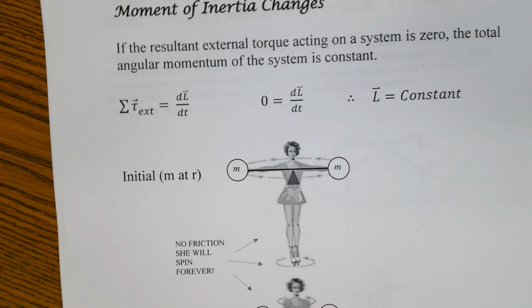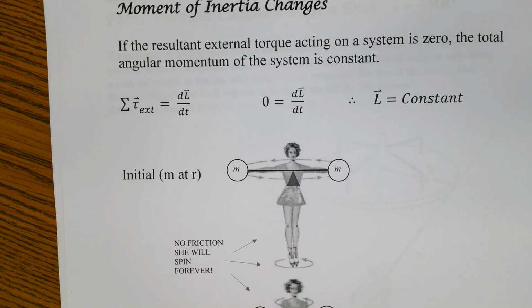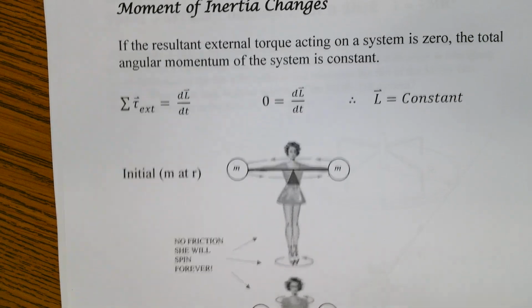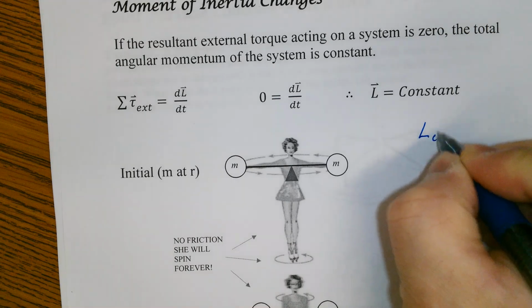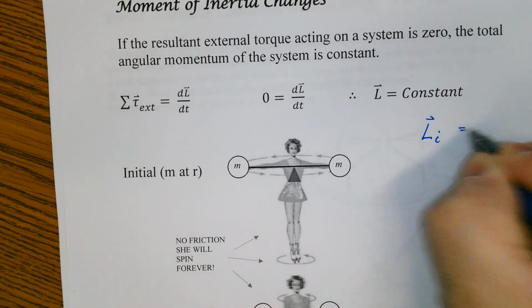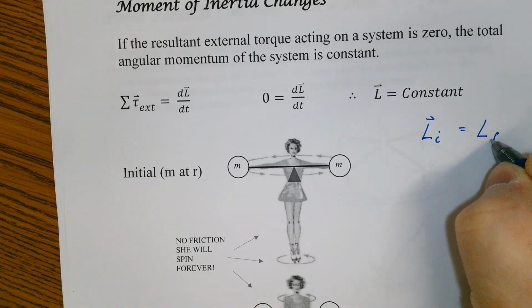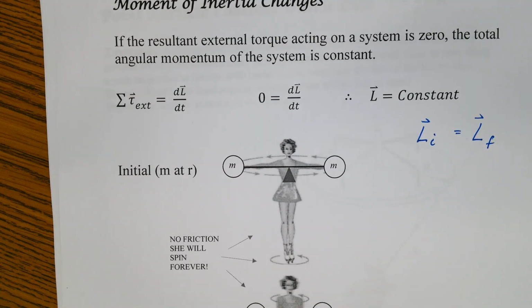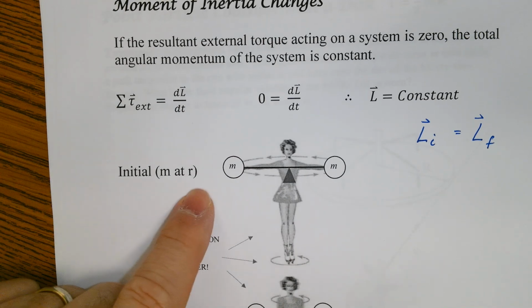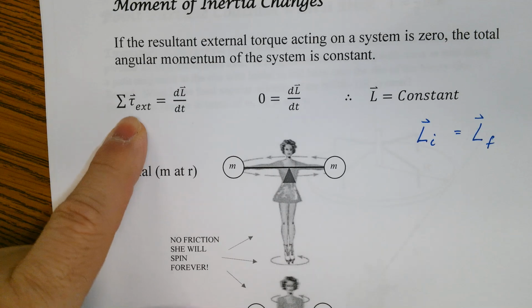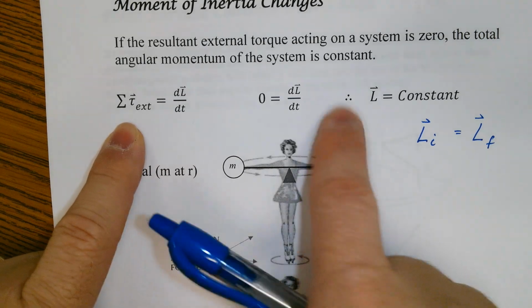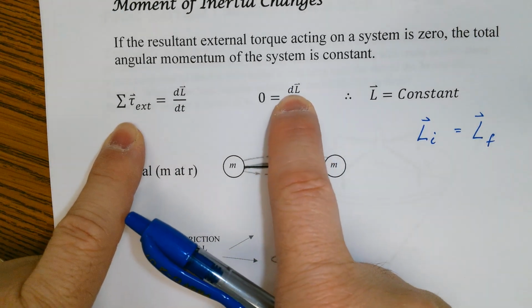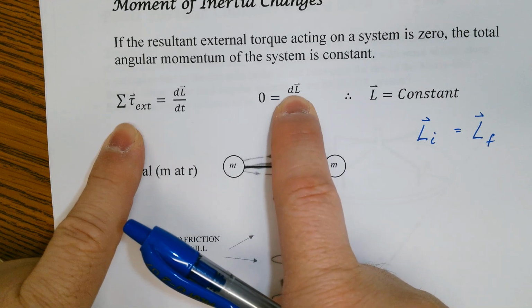So let's talk about that more in detail, how that works out. We already know the initial angular momentum has to equal the final angular momentum, and it has to be constant, because the net torque is equal to 0, so dL has to be 0.